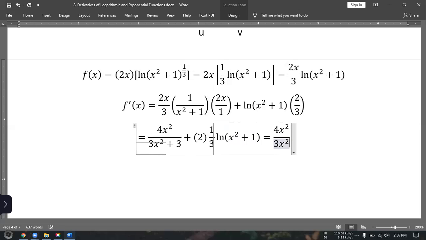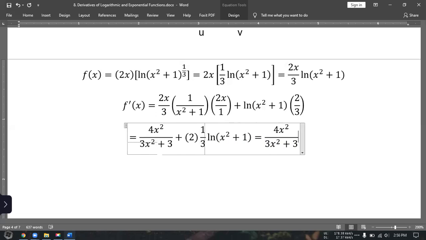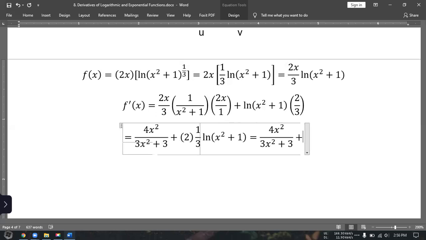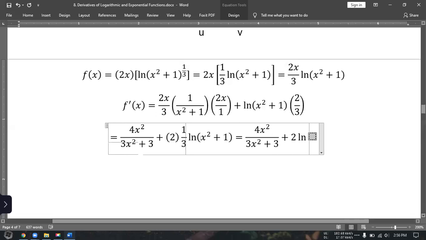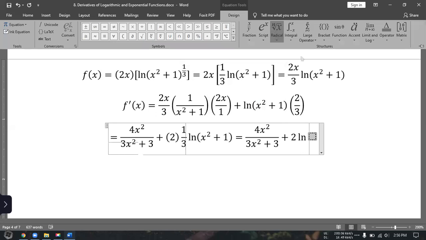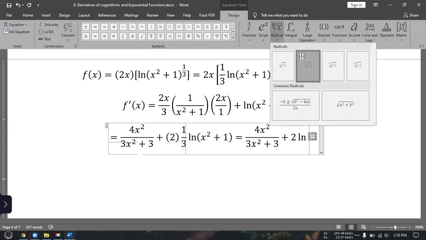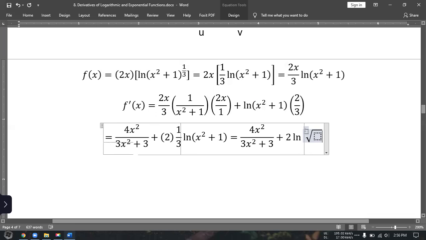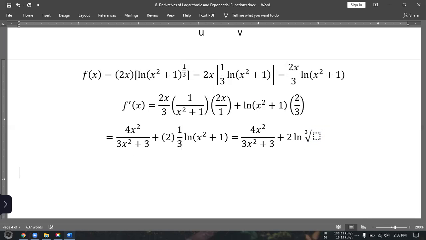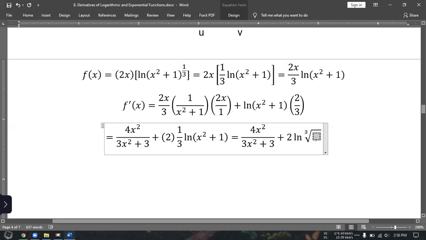Plus 2 there. We have now plus 2. Then we have natural logarithm. Again, this 1/3 here is the exponent of x squared plus 3. And then by laws of radicals, we have now the cube root of x squared plus 1.